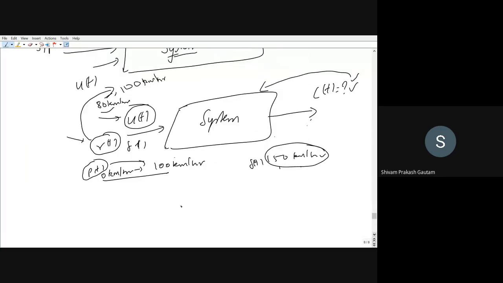Another example of delta(t) is, suppose you are using a hammer on a nail, and you hammer that nail into the wall. That hammering you can assume to be delta(t). Now let us suppose what is the time duration when you pick up the hammer and you are punching in the nail.